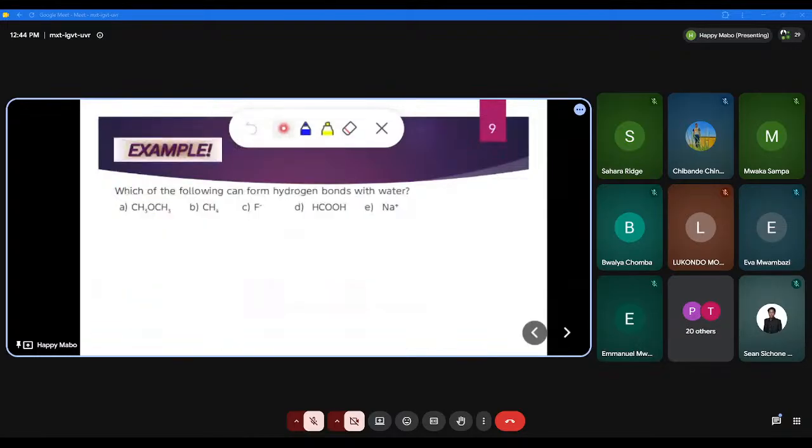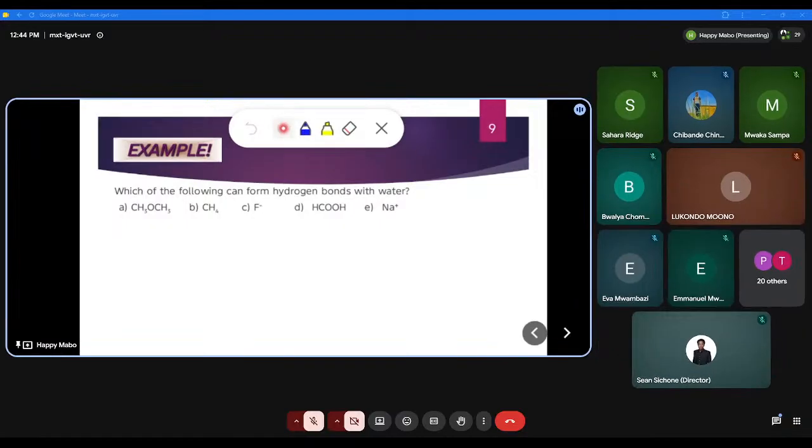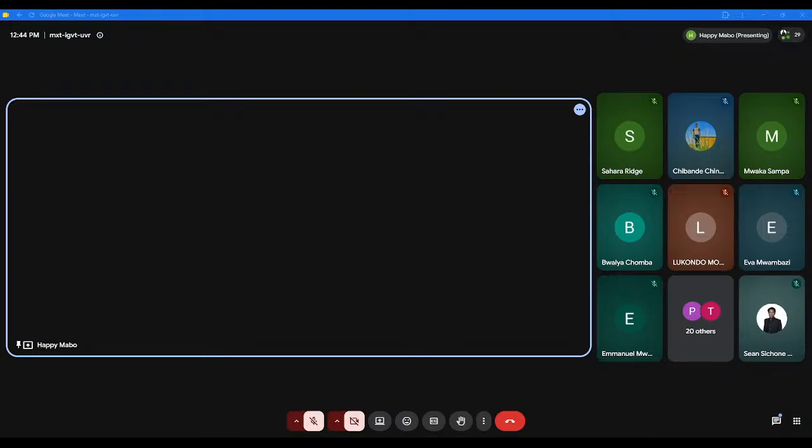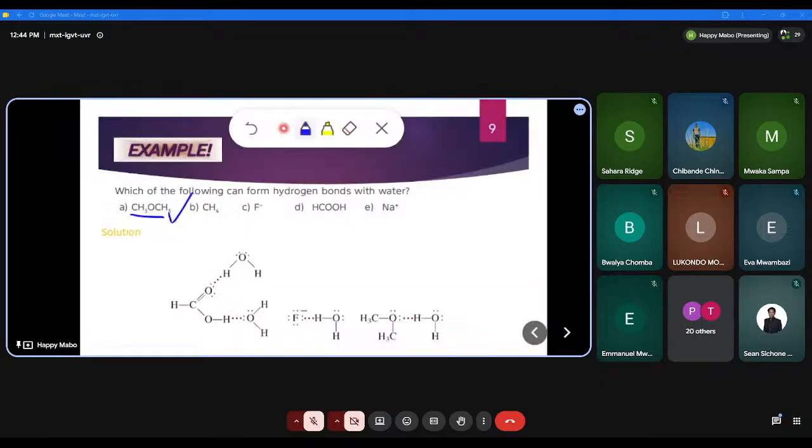So let us try and answer this question together. I'll guide us through the choices that I came up with for you guys. So you have those options. The first option is dimethyl ether. You've got compounds that we called ethers when you were looking at basic organic chemistry in secondary school.